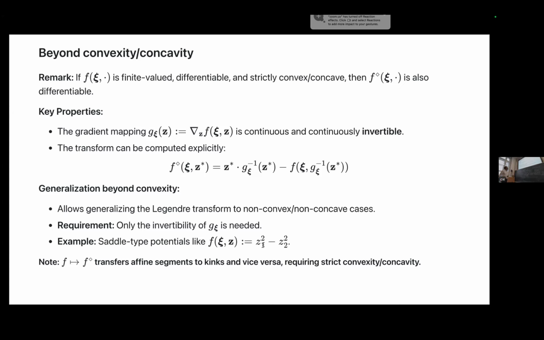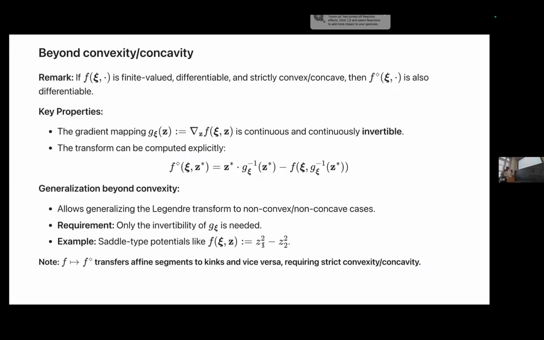And this makes it possible to define the kind of Legendre transformation even without resorting to minimization or maximization, as I was showing before. And this allows for a generalization beyond convexity.